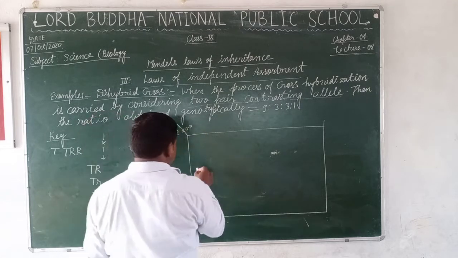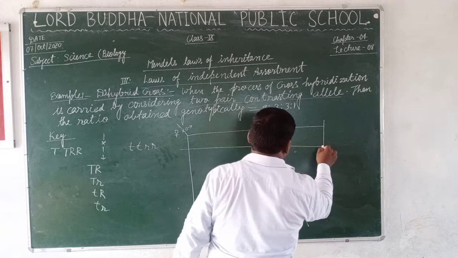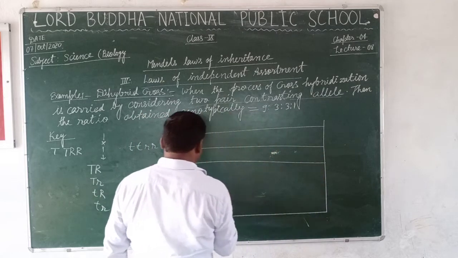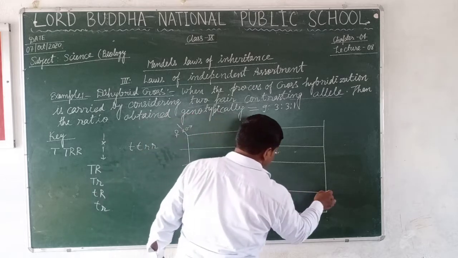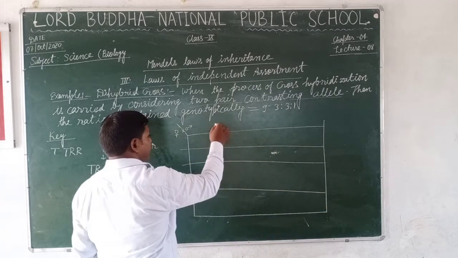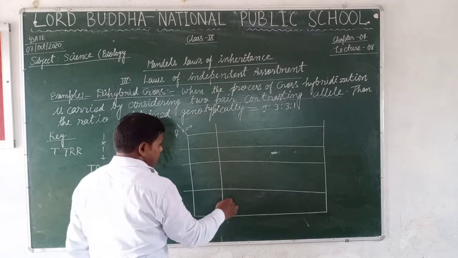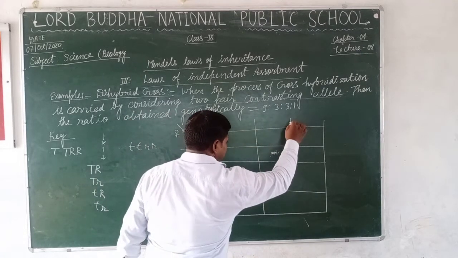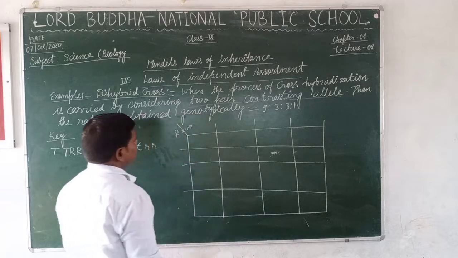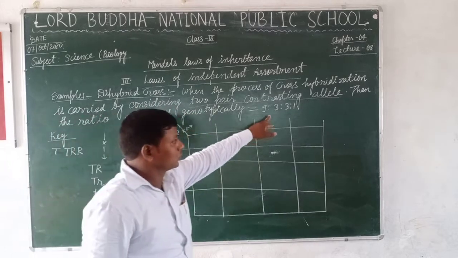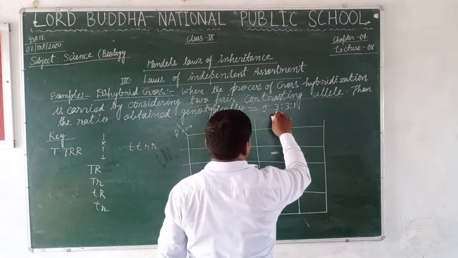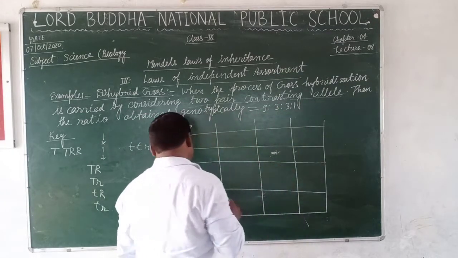This indicates the process of cross hybridization, and here the total number of boxes we draw is 16, because the ratio 9, 3, 3, 1 can be calculated: 9, 3 is 12, 3 is 15, 1 is 16.